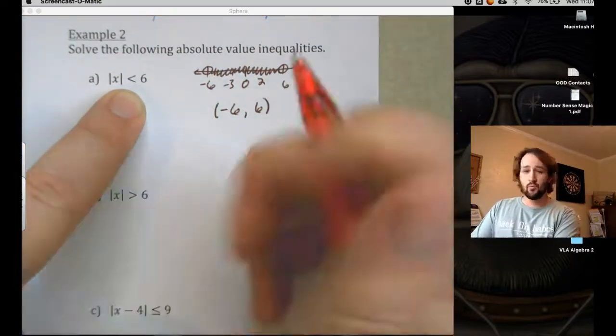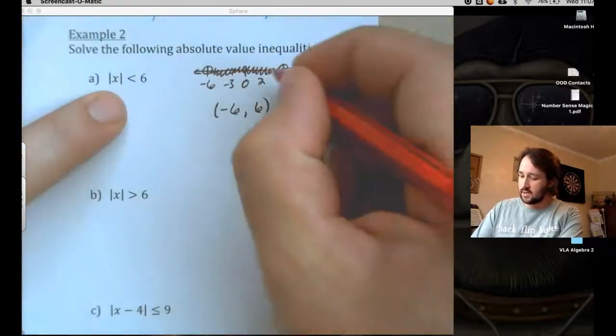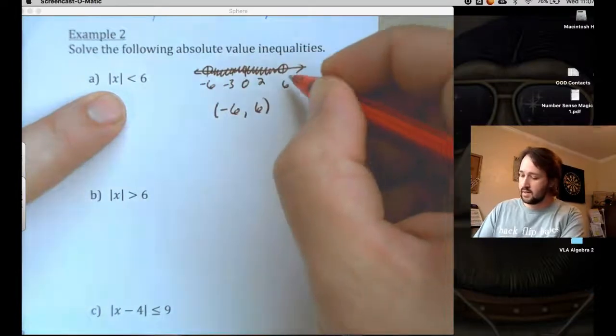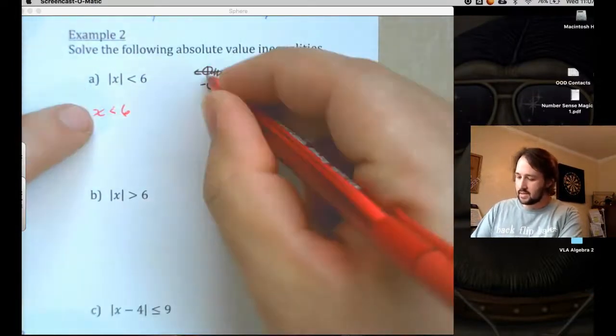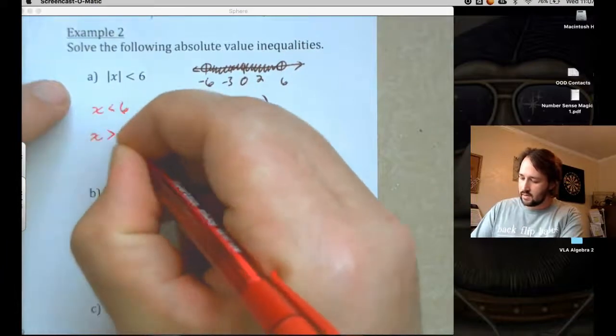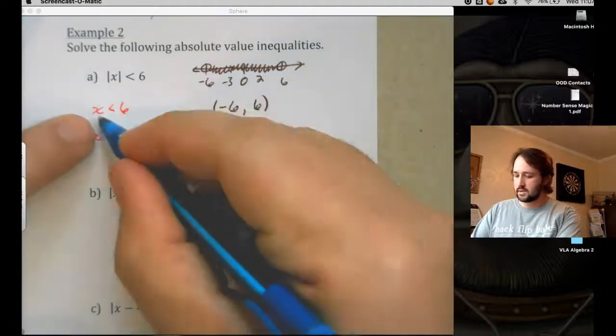What I meant when I said change both things is, if I read this, kind of helping myself with the number line, this is x is less than 6 and x is greater than negative 6. Notice here, x is less than 6.